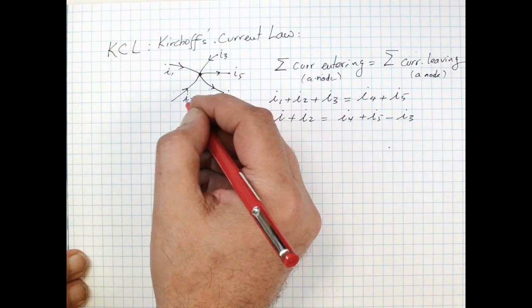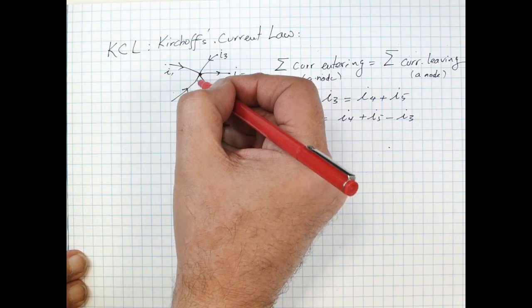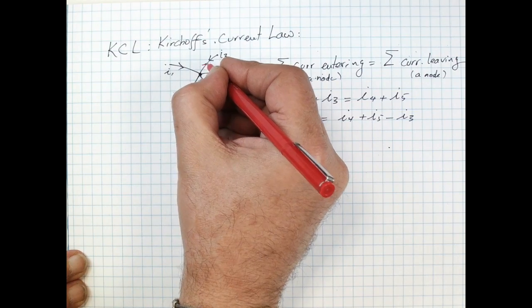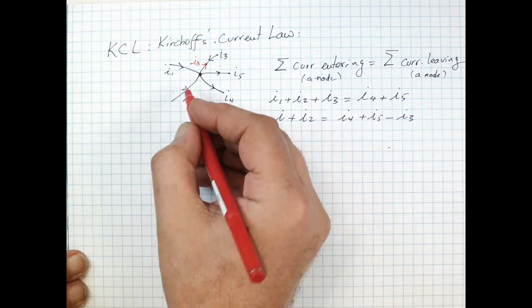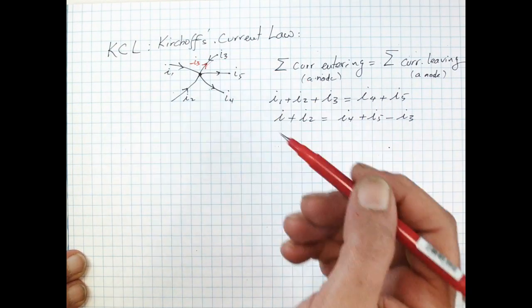So we can say that I2 is entering, and here I3 is entering. I could also change the direction of flow and say minus I3 is leaving. I3 is entering, minus I3 is leaving.